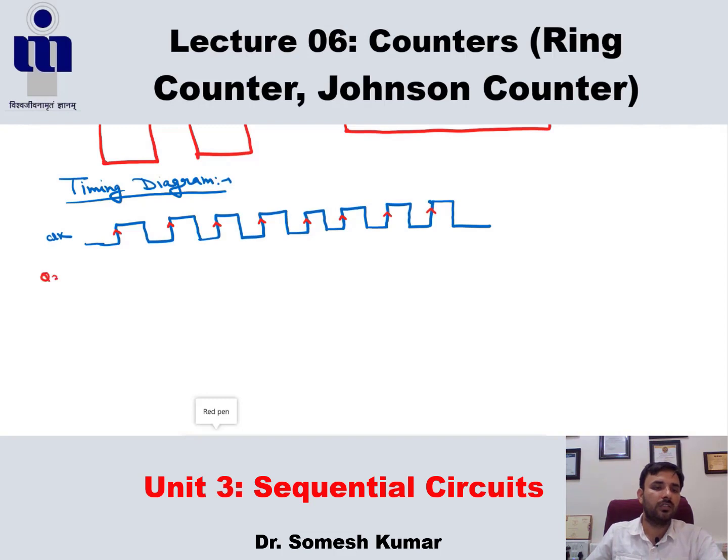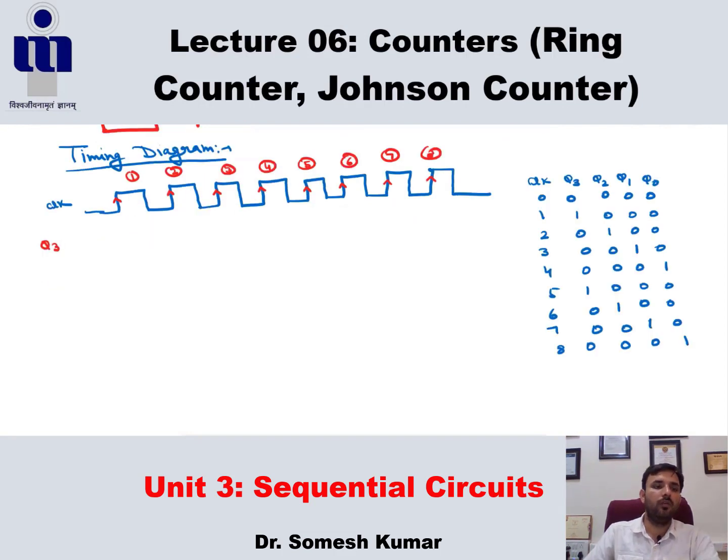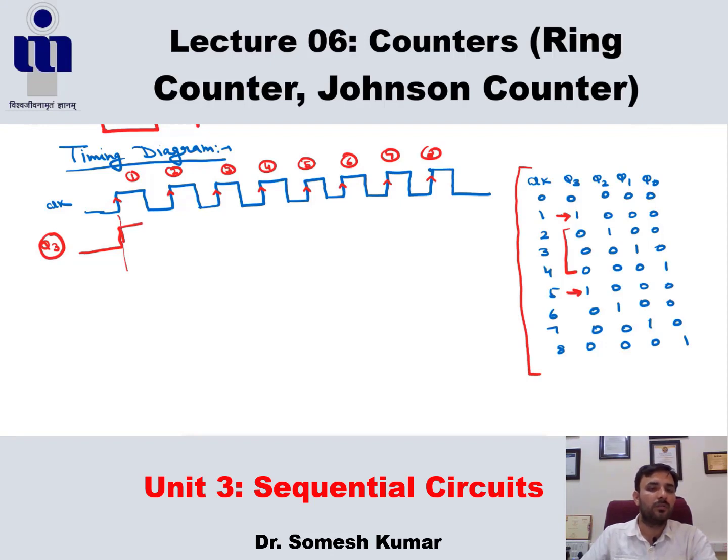So first we will draw the Q3. First we will study the Q3 waveforms. From the truth table of this ring counter, you know this Q3 becomes 1 in the clock 1, and up to the 4th clock it remains 0, and it again becomes 1 in the 5th clock. So at this positive edge of clock 1 it becomes 1, and it remains 1 up to the 2nd clock like this.